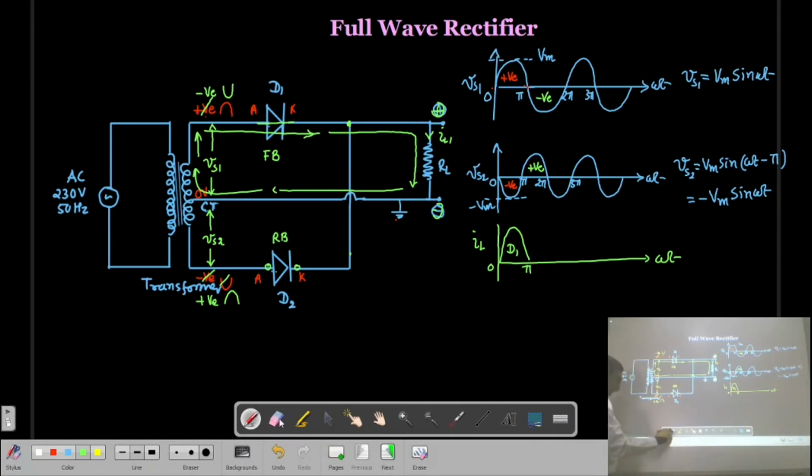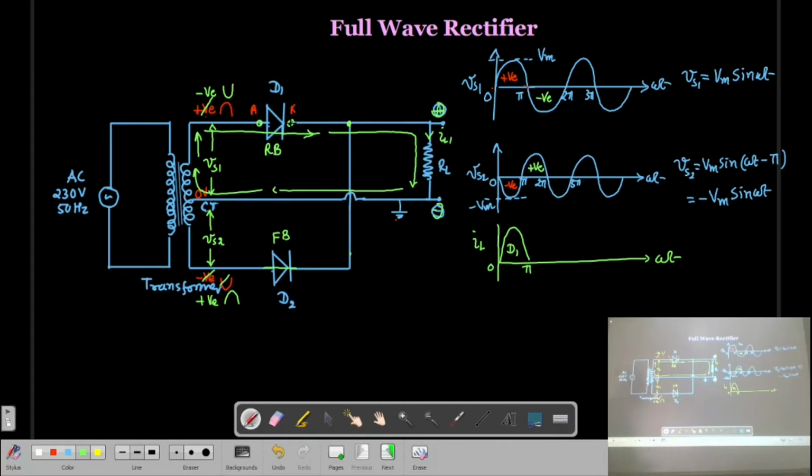So due to this positive cycle, the diode D2 will be in forward bias and it will work as a short circuit. And the diode D1 will be in reverse bias, and it will work as an open circuit.